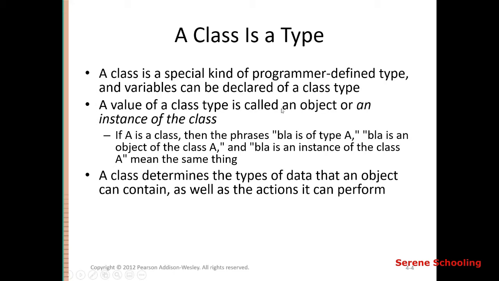If you look at this example here, they have written an example with a class A. Suppose we have a class called A. It has a lot of variables defined in it.